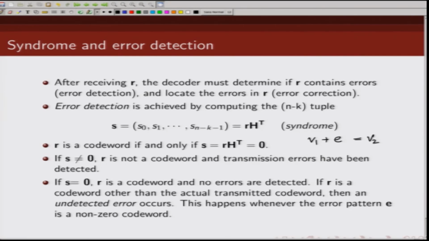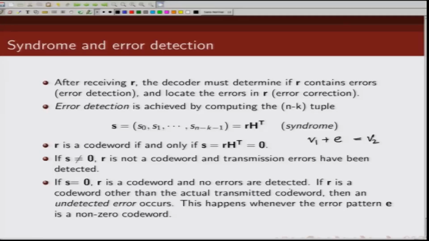your error pattern is such that it transforms one code word to some other code word, and that is what we have written here. So, if S is 0 and R is a code word, that means no errors are detected.